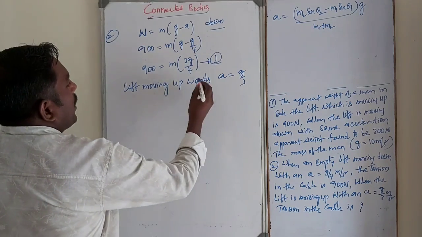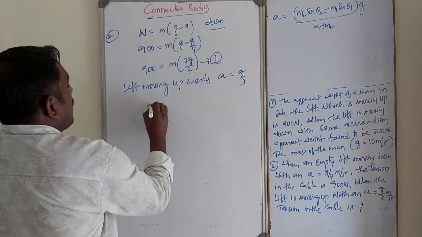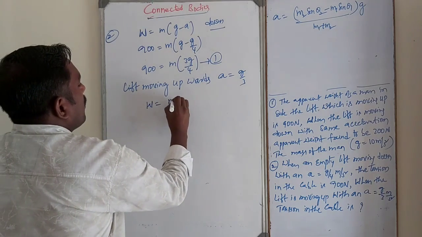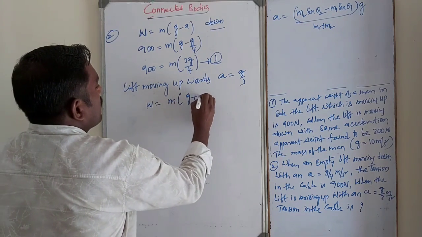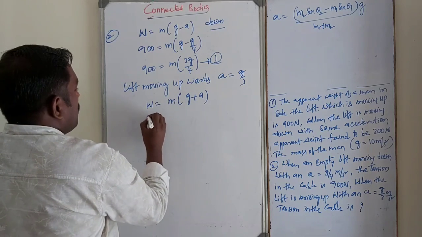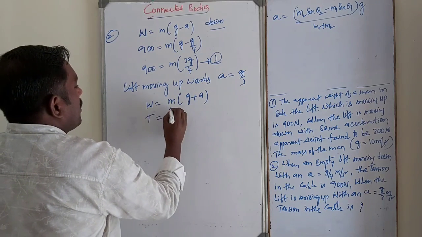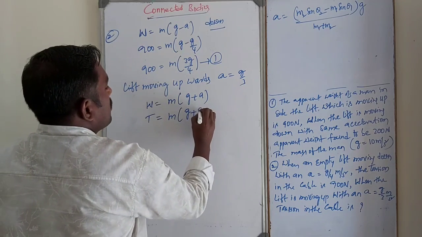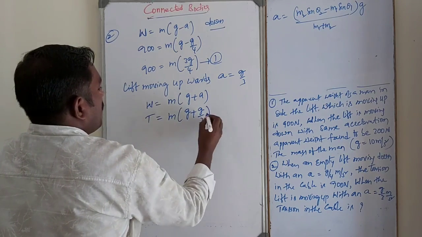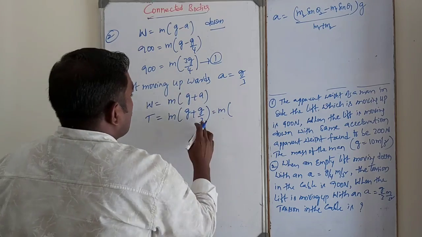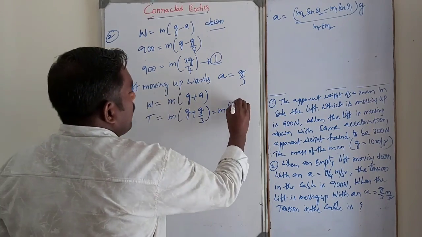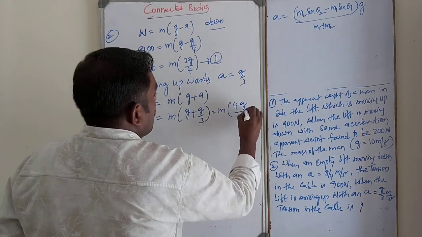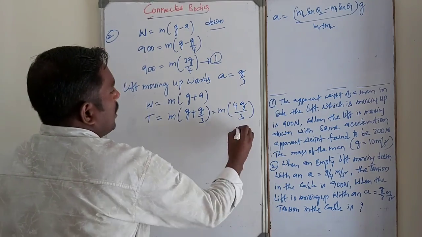For the lift moving upwards, tension or weight is equal to m into (g plus a). With the a value g by 3, that is equal to m into (3g plus g) by 3, that is 4g by 3. So this is equation number 2.